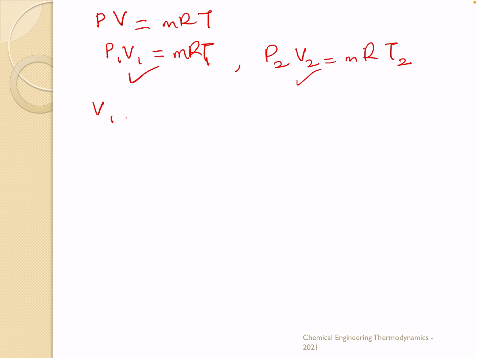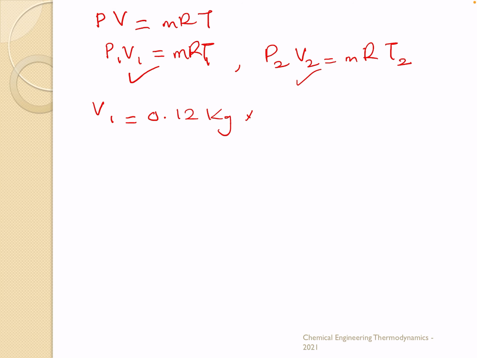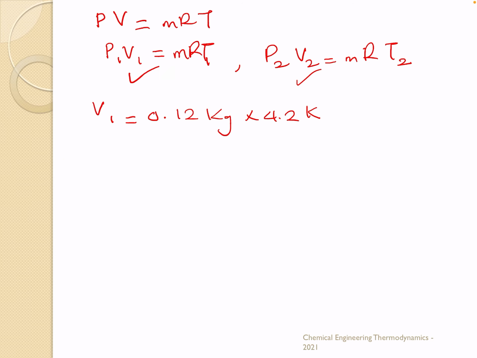So our V1, we have our M, which is 0.12 kilogram. We have our R, which we solved here, 4.2 kilojoule per kg Kelvin.